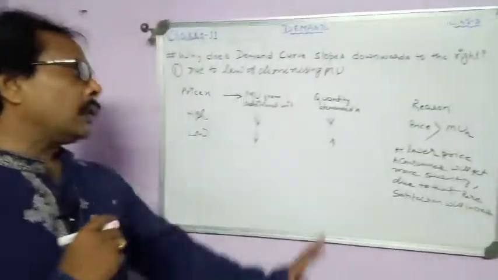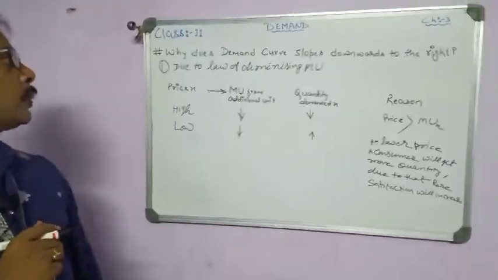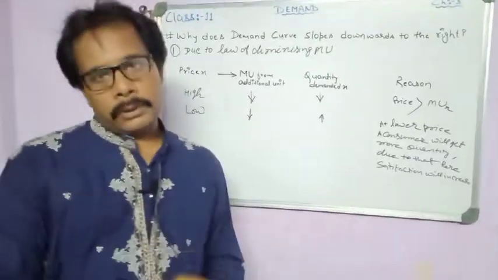Okay, so it is the first, due to the law of diminishing marginal utility.